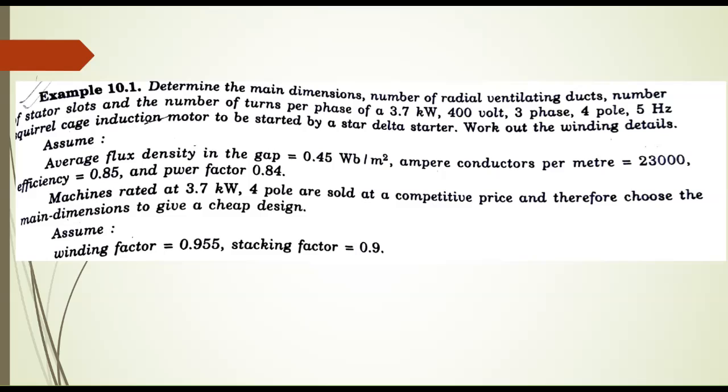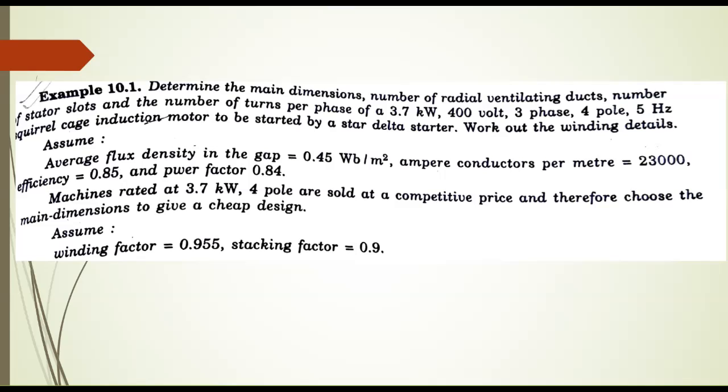Example number 10.1. This question is related to a three-phase induction motor. In the question, they are asking to determine the main dimensions, number of radial ventilating ducts, number of stator slots, and the number of turns per phase of a 3.7 kilowatt, 400 volt, three-phase, 4-pole, 50 hertz squirrel cage induction motor to be started by star delta starter.